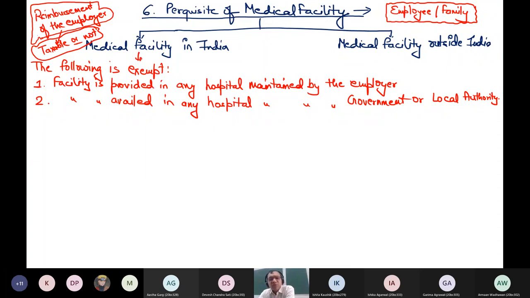Now, normally in government hospital, medical is tax free. Not tax free, in fact, there is no cost, but not all procedures are free.